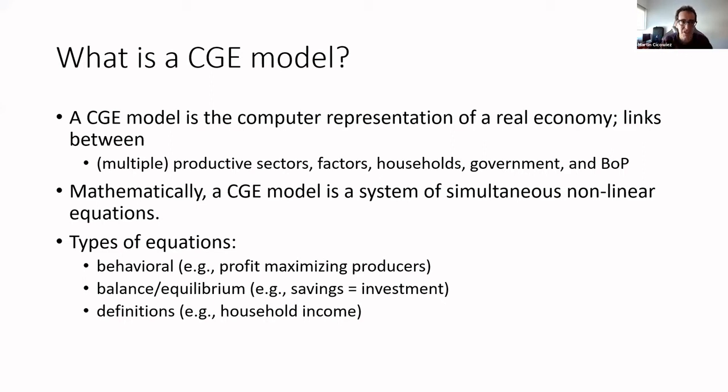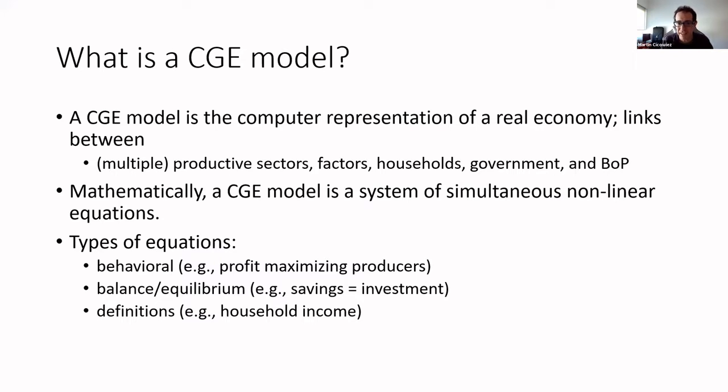And given that this is a general equilibrium model, it will show the links between the different components of the economy, which means that it will have productive sectors, usually more than one. It will have factors of production, like labor, capital, and natural resources. In the case of labor, it will have more than one type.